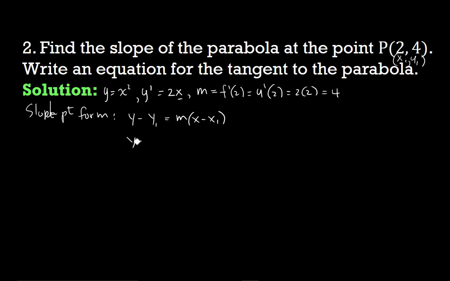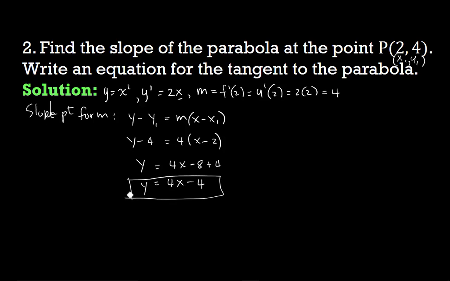So this is y minus 4 equals, the slope would be 4 times x minus 2. So that's equal to y is equal to 4x minus 8, and you move that to the other side. So y is equal to 4x minus 4. So this is the equation of the line tangent to the parabola.